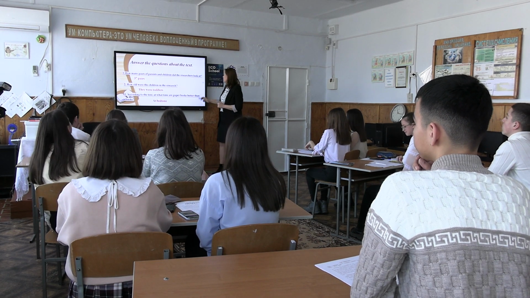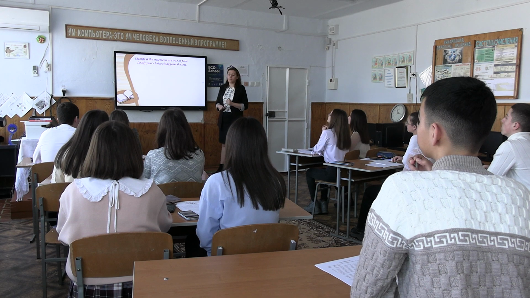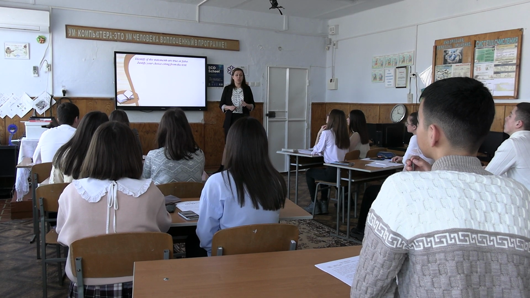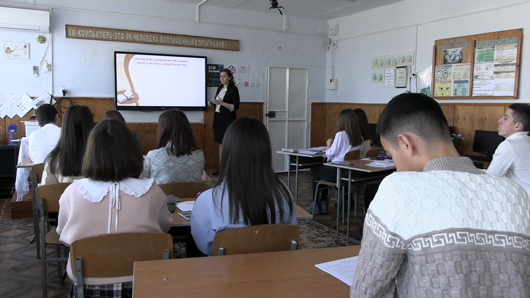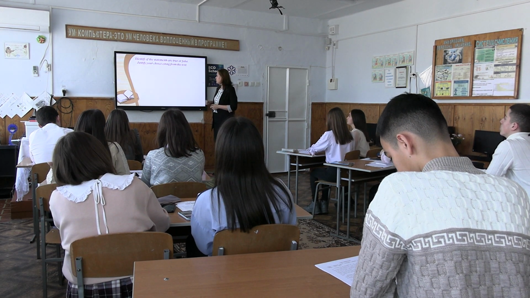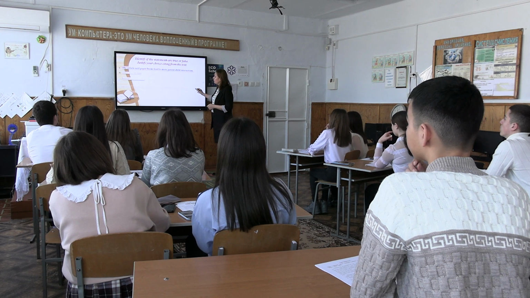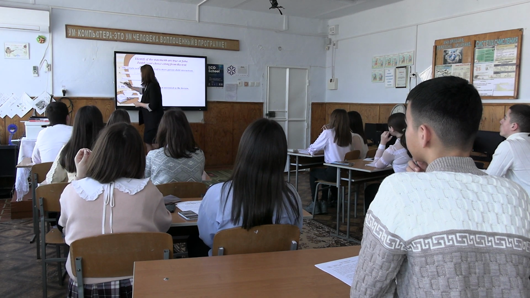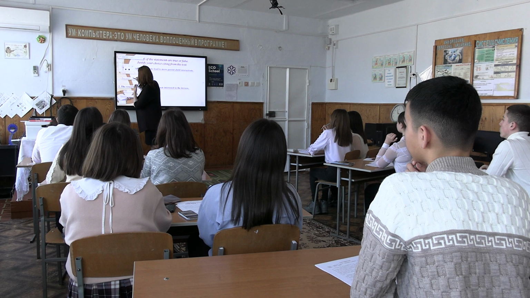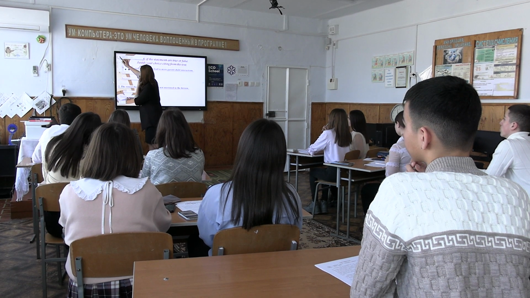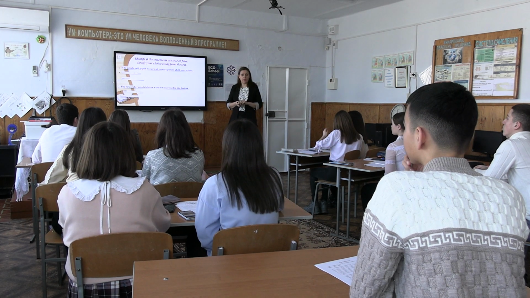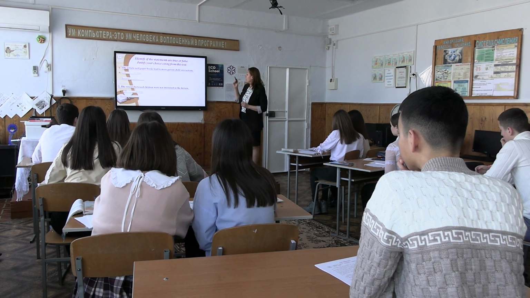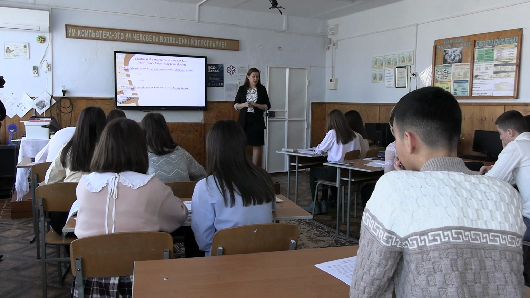So very good. So next is to identify if the statements are true or false, and you also have to find the justification of that in your text. So the first one. Say is it true or false, and justify your answer.